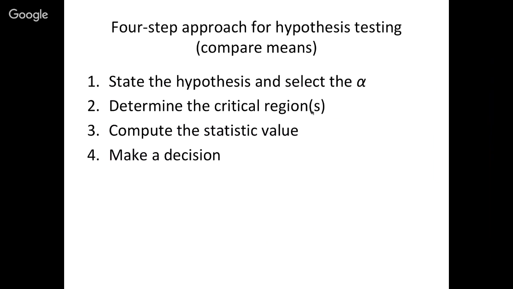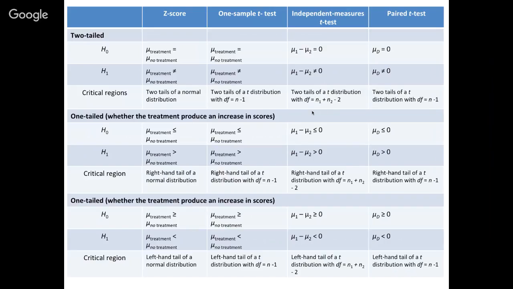So here I list the null hypothesis and the alternative hypothesis and the critical regions for all of the designs, for two-tailed and one-tailed tests respectively.